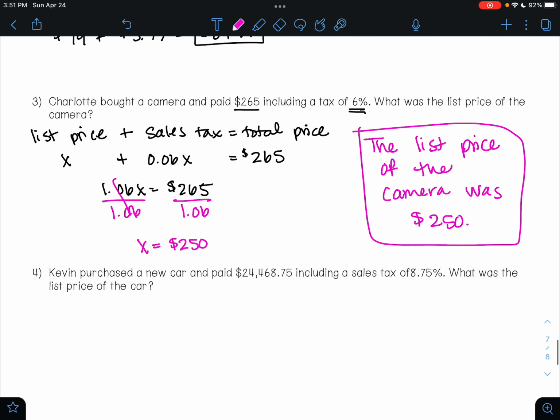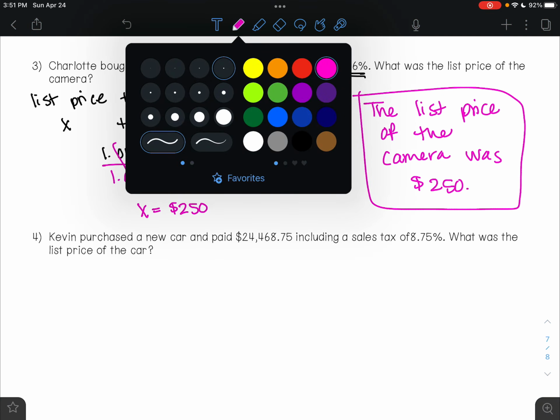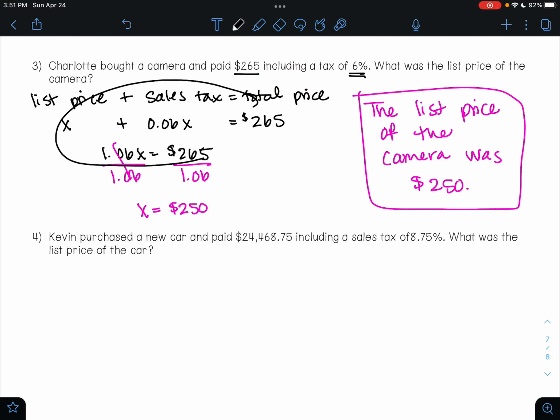On example 4, it says Kevin purchased a new car and paid $24,468.75, including a sales tax of 8.75%. What was the list price of the car? So this is going to be very similar to the one that we did up here. And so I know I'm going to have 1 point and then whatever our percentage is as a decimal, x equals our list price.